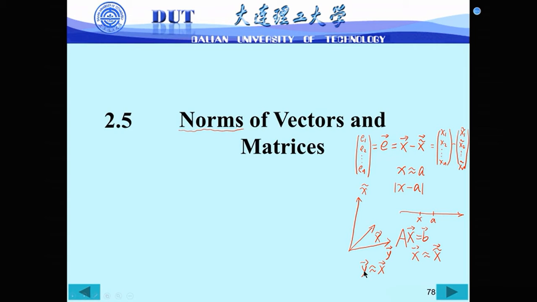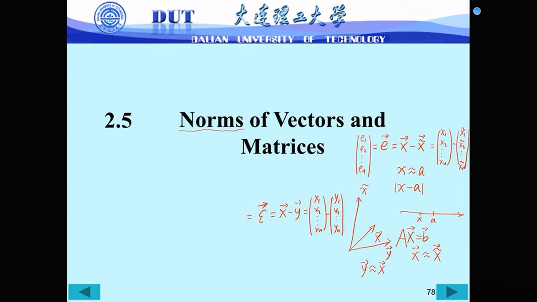I write another vector, denoted by epsilon. Epsilon is also a vector, x minus y, so it is x1, x2 to xn minus y1, y2 to yn, right?